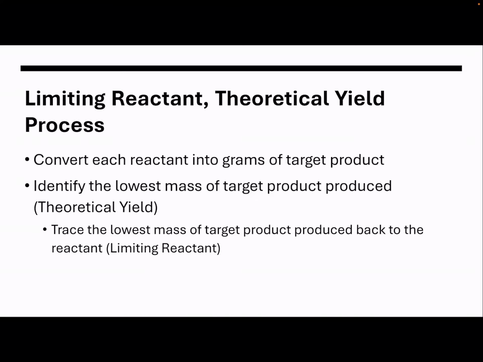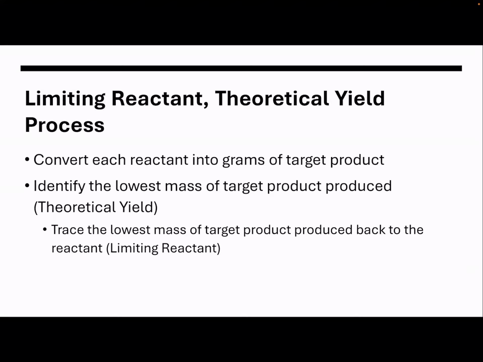That lowest mass of target product that can be produced can be traced back to the limiting reactant, because it's going to be the reactant that ran out first. Basically, once you make that amount of product, you cannot make any more. It doesn't matter what else you have in that vat.